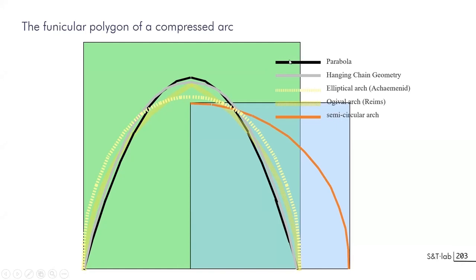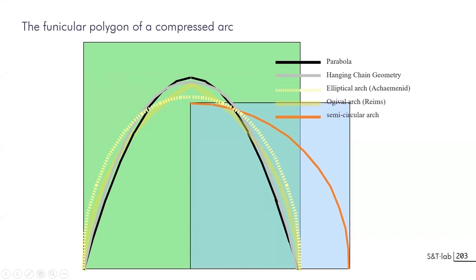I will show one actually, but most of the time you will be using elliptical arches, ogival arches, or semicircular arches. Semicircular arches won't be good at all, but you see that using the ogival arches and the elliptical arch, you will get a good approximation of the parabola or the hanging chain, and the hanging chain will be approximated by a parabola if you need so for geometry.